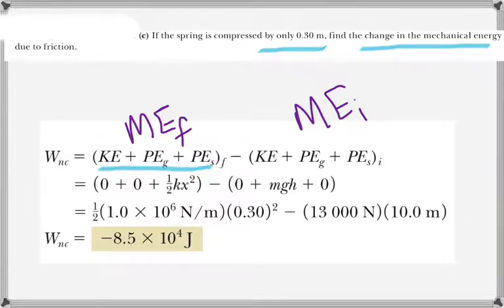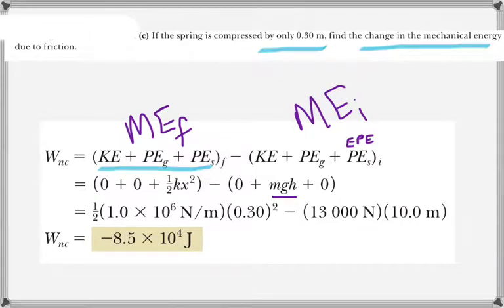Substitute the values. We know that KE and GPE for the system final values are 0 from the table. The initial value of KE is 0, because the car is at rest, and GPE for the car is mgh. The initial EPE for the spring is 0, because the spring was not compressed in the beginning.